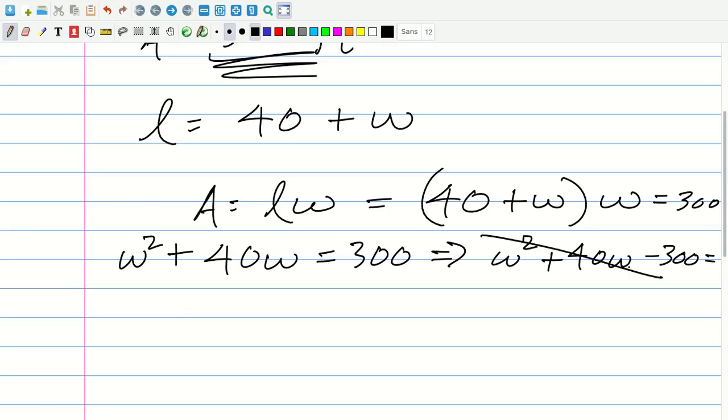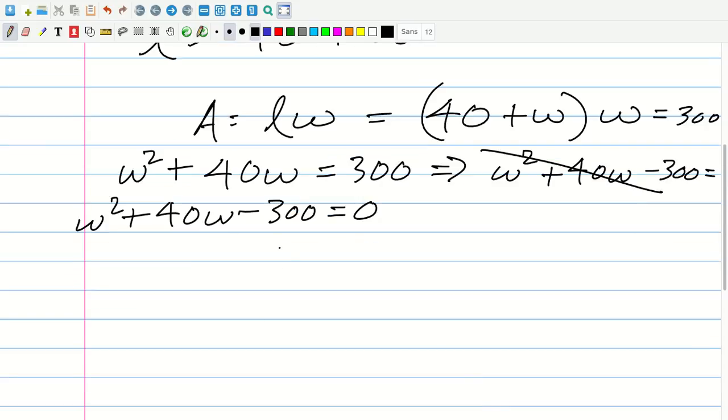Why don't I just write it here? W squared plus 40W minus 300 equals 0. Okay, so I need two numbers that multiply to negative 300 and add to 40. I don't think I'll be able to figure this out. Let's see. Terms of a difference of 40, but add to 30 and 10, right?